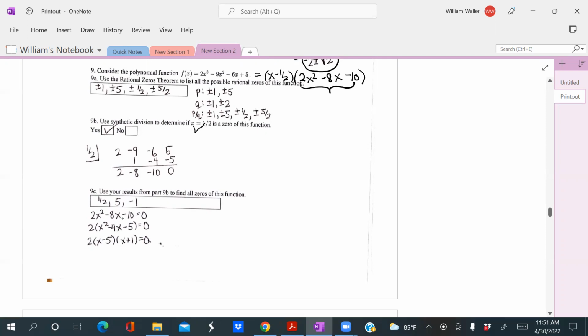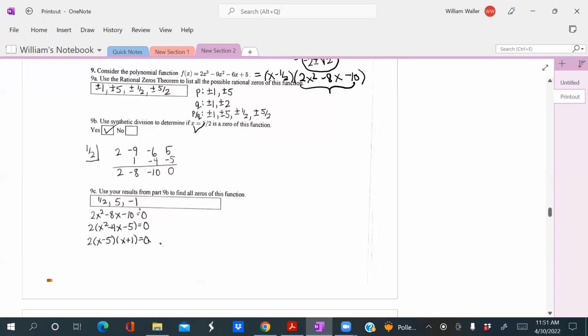We don't need the quadratic formula here. You can factor out a 2 first from all of your terms. So you get 2 times x squared minus 4x minus 5. And x squared minus 4x minus 5 factors as x minus 5 times x plus 1. Oh, so the other 2 x-intercepts after 1/2, the other 2 x-intercepts of my polynomial are 5 and minus 1.